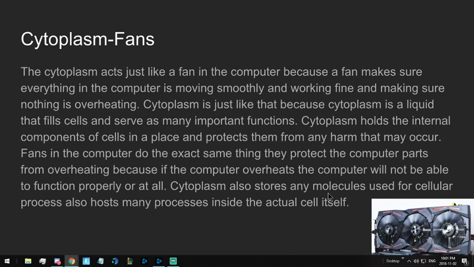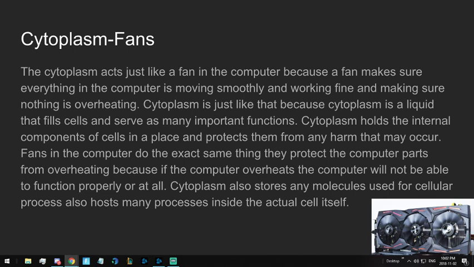So the cytoplasm would then be the fans. The cytoplasm acts just like a fan on the computer because a fan makes sure everything in the computer is moving smoothly and working fine and making sure nothing is overheating. Cytoplasm is just like that because the cytoplasm is a liquid that fills the cells and serves many important functions. Cytoplasm holds the internal components of cells in place and protects them from any harm that may occur.